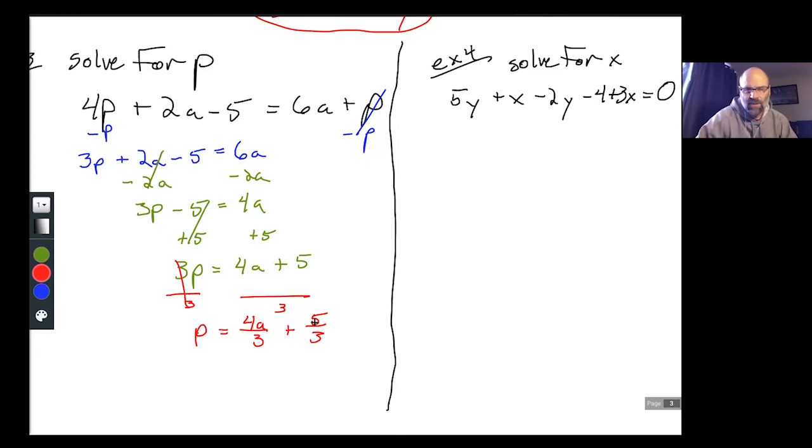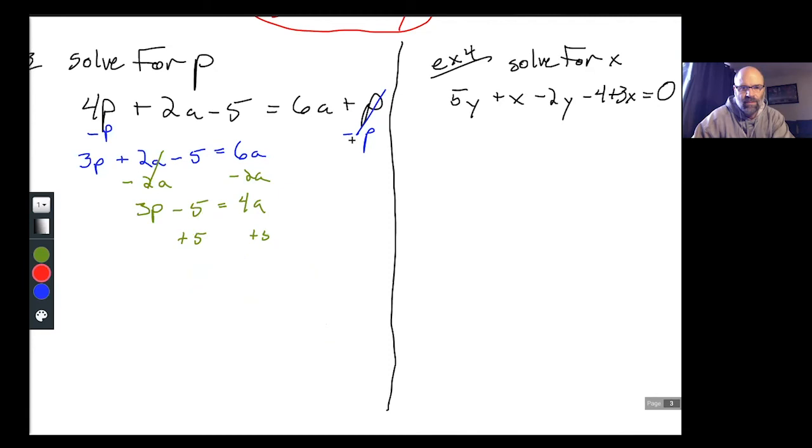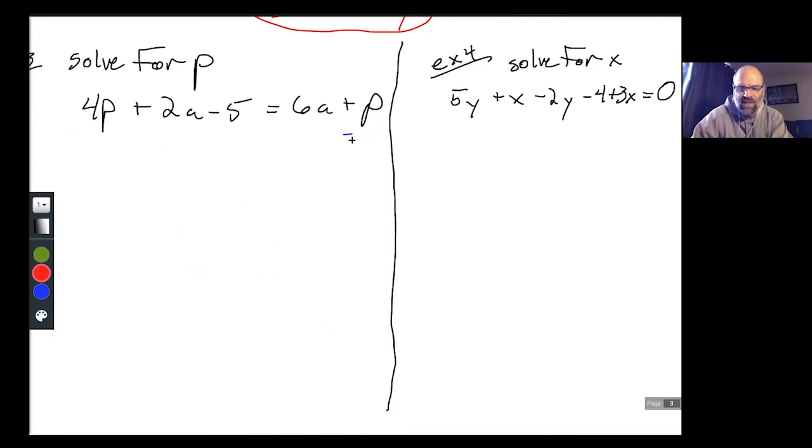Okay, so let's just go through what I did for 3. So this is where we started. The first step is to simplify both sides. Remember, the only thing you're looking for are parentheses on the same side or like terms on the same side.